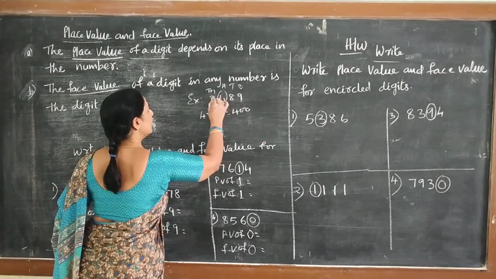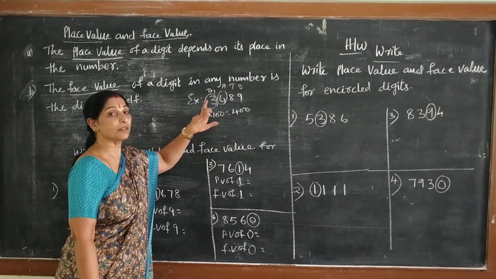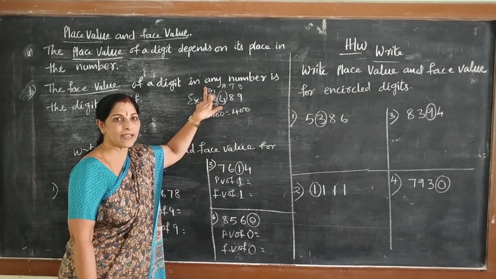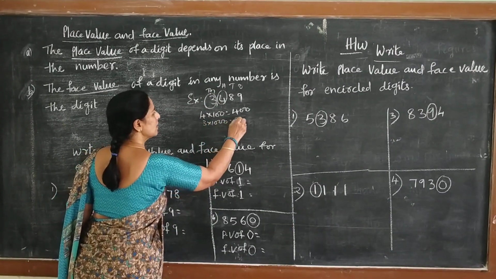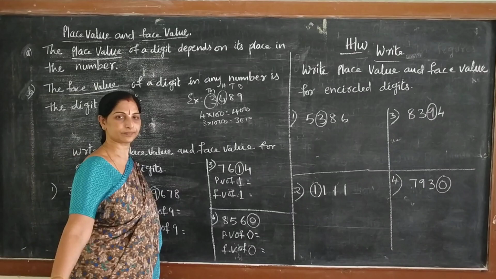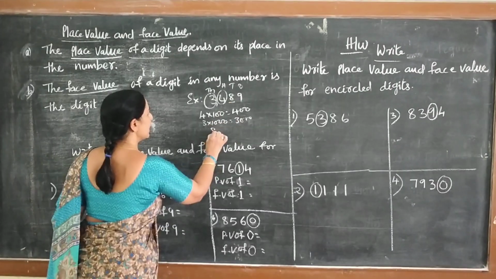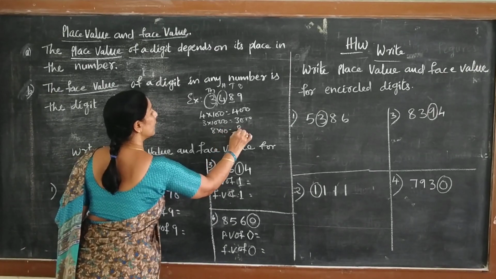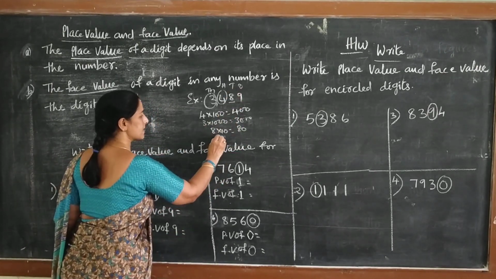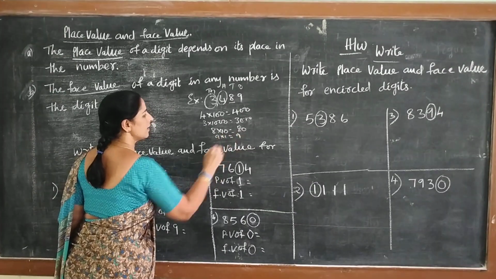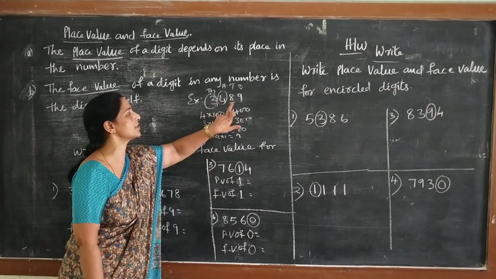If you take 3, where is the 3? 3 is in thousands place. So 3 into 1000 is 3000. Here for 8, 8 into 10 is 80. 9 is in ones place, 9 ones are 9. See, these all are the place values of these digits.